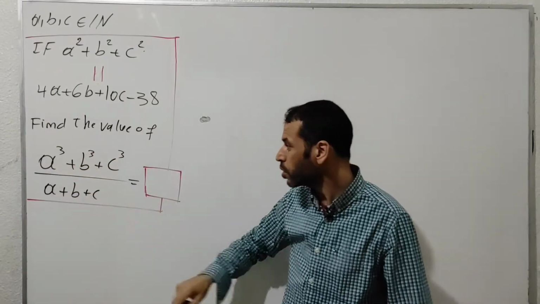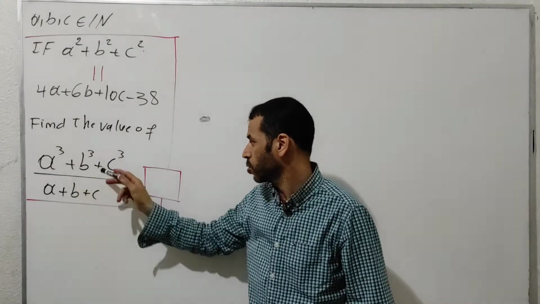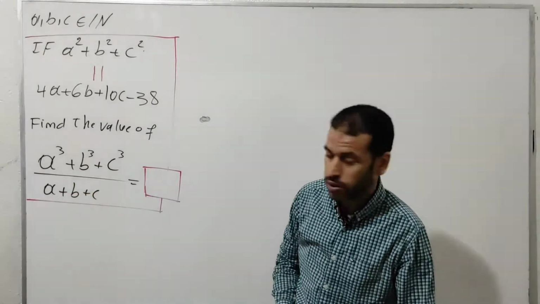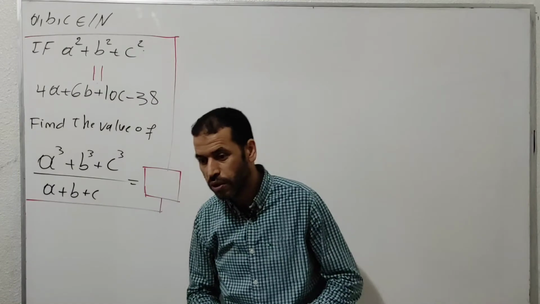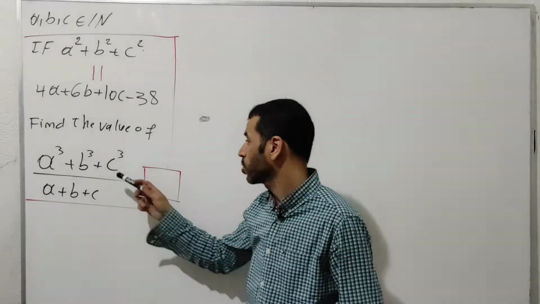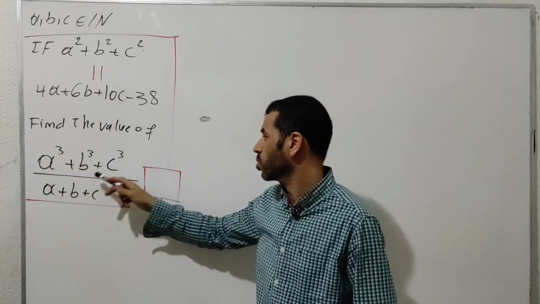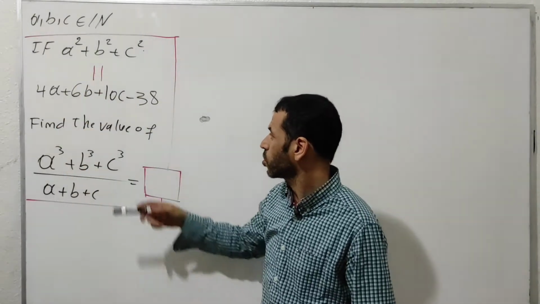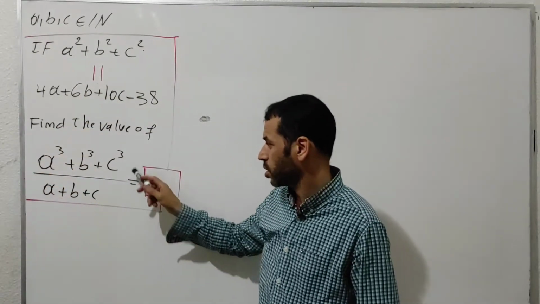So we have a cubed plus b cubed plus c cubed over the sum of these terms, a plus b plus c. In fact, this problem has a special trick because we have big expressions without being given any values of these numbers. So the thing here is that it is time consuming.